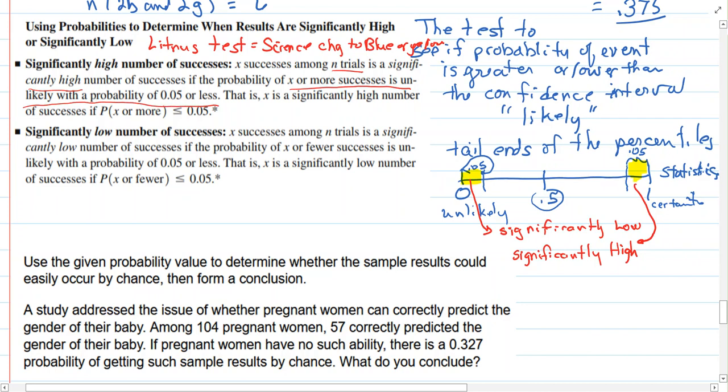That is, X is a significantly high number of successes if P of X or more is less than 5%. All right. So this part would be likely, and this is unlikely. But if this number is more than 5%, then there's a challenge to the outcome of our statistics.